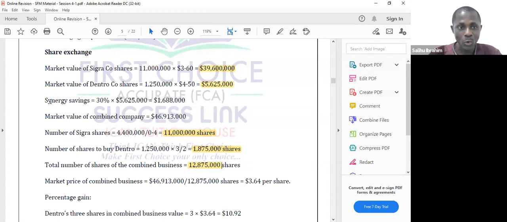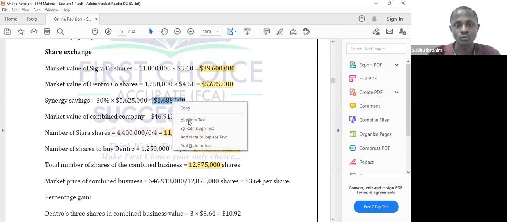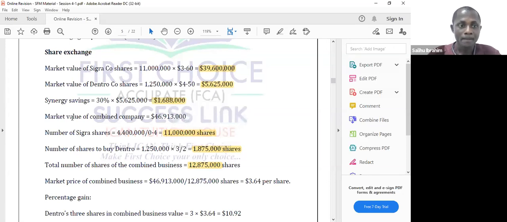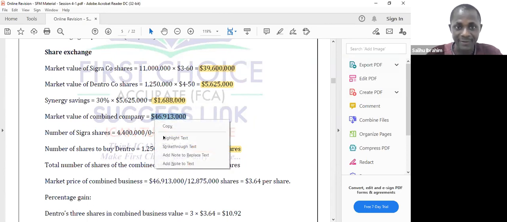And the question says we are going to achieve synergy saving of 30% of the current share price of Dentroco. So multiply that 30% by 5.625. That is what gave us 1,688,000. So the market value of the combined company, which is the same thing as market value post-acquisition, is the addition of 1, 2, 3. That's what gave us this value.